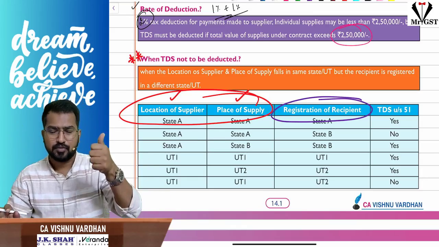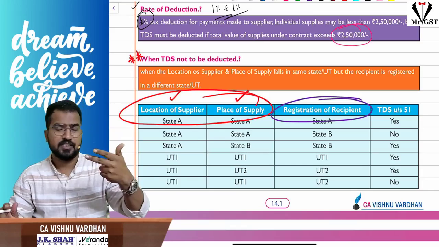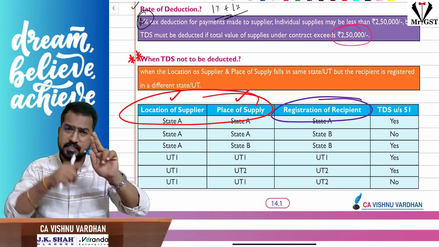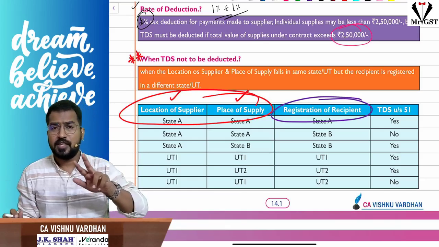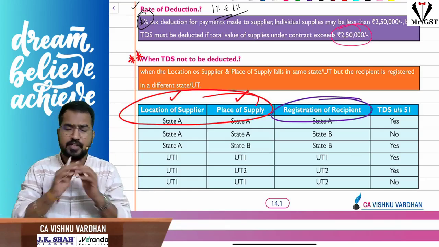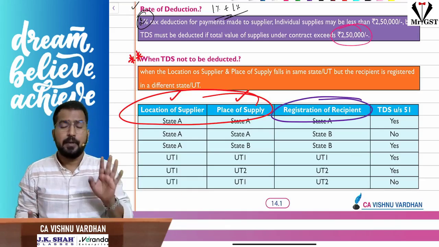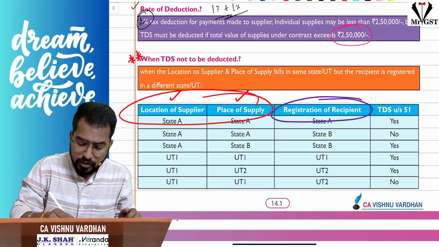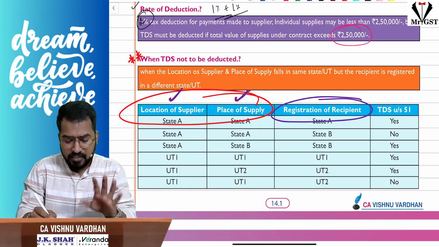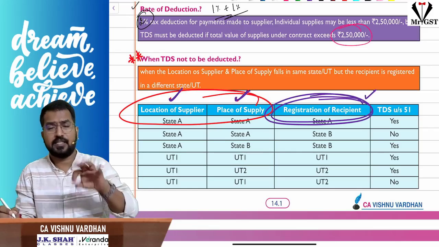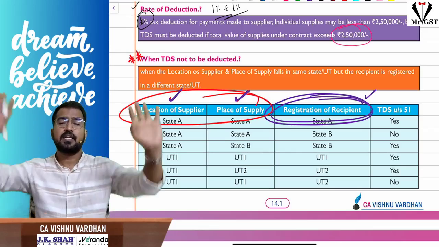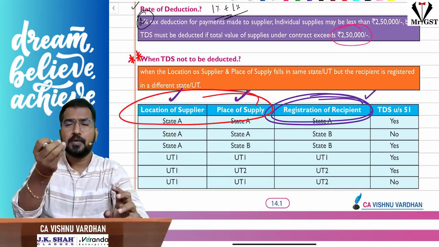Remember, location of supplier, place of supply, recipient registered. These 3 locations are in the same state or same union territory, no problem, TDS will come. If all the 3 are in different states or different union territories, also no problem, TDS will come. But location of supplier and place of supply is in one state, and the recipient is located in another state, registration of recipient is another state, then TDS provisions will not come because of the technical reasons.